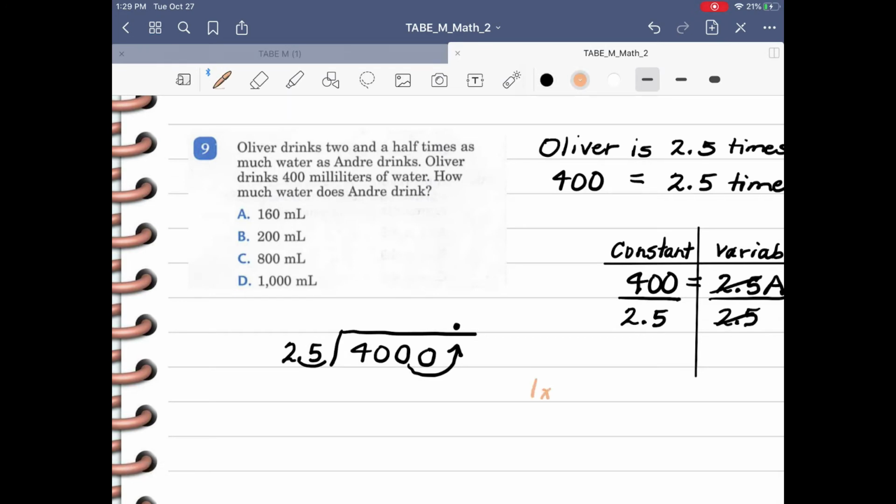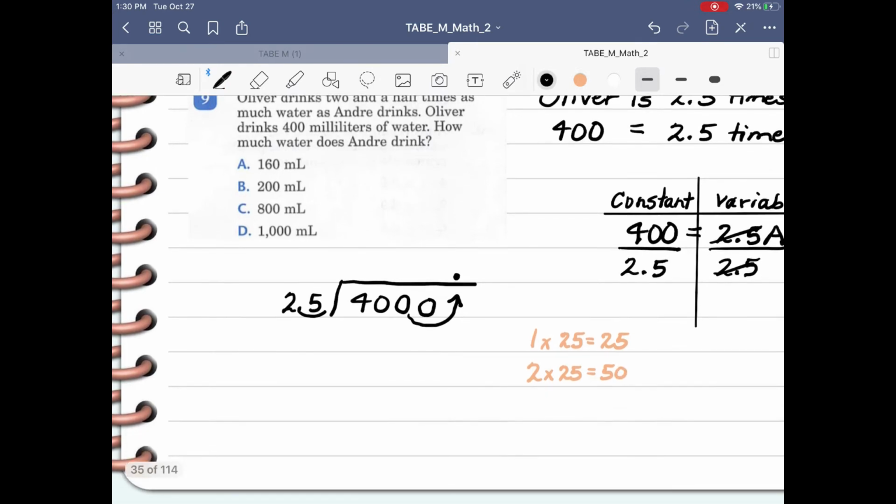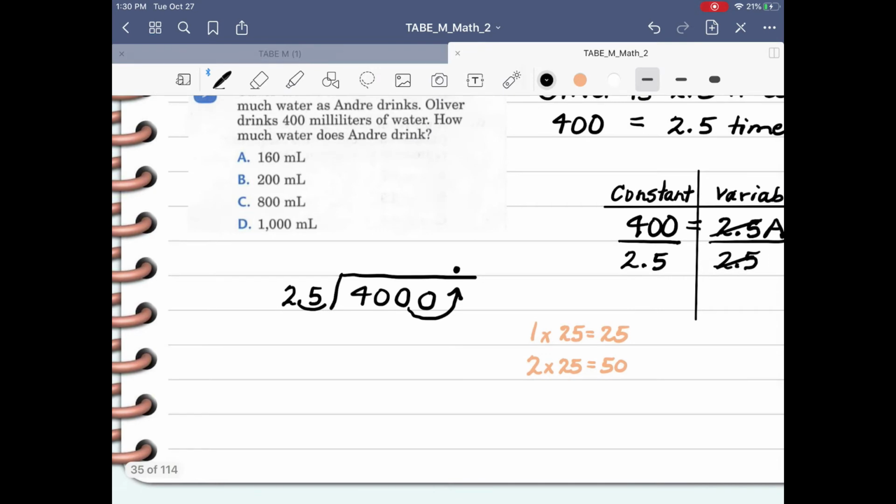So 1 times 25 is 25. 2 times 25 is 50. I'm going to stop there. I may not have to go any further, but if I do, I can always add to it. 25 can't go into 4, but it goes into 40 one time. And 1 times 25 is 25.